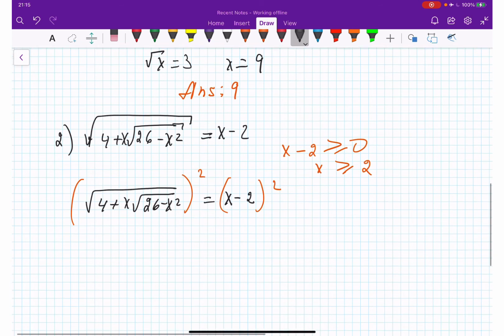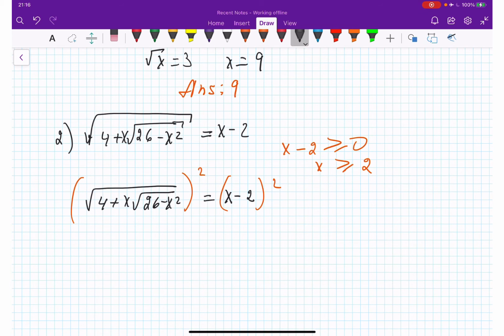Which is going to give me 4 plus x square root 26 minus x squared. This square will neutralize this square root, right? We'll cancel the square root. Okay, plus 26 minus x squared is equal to x minus 2 squared.